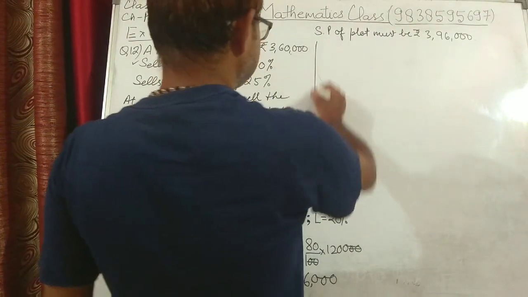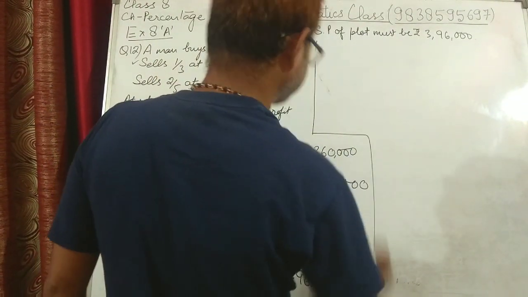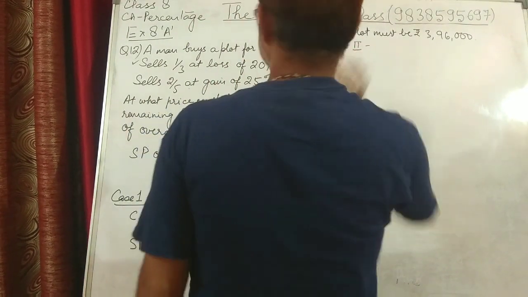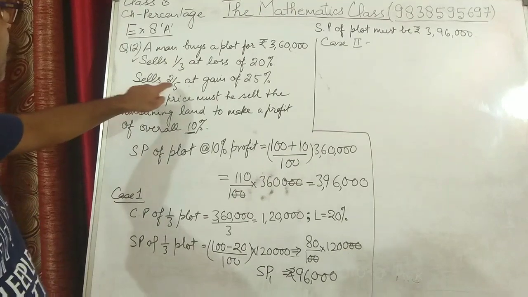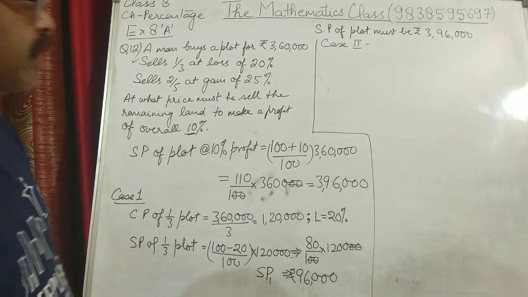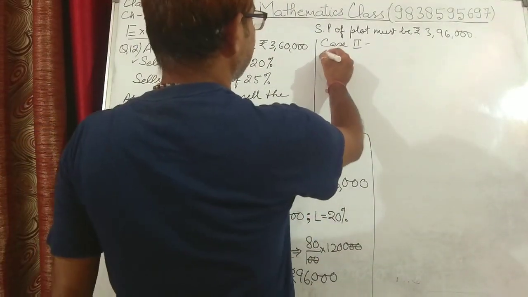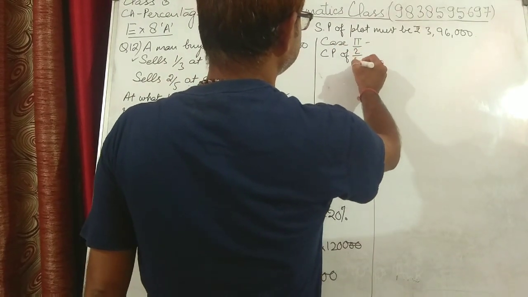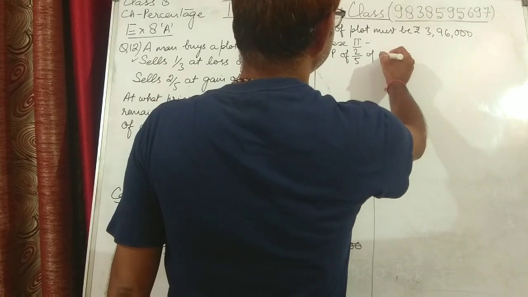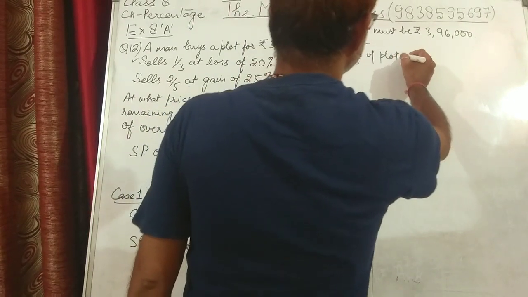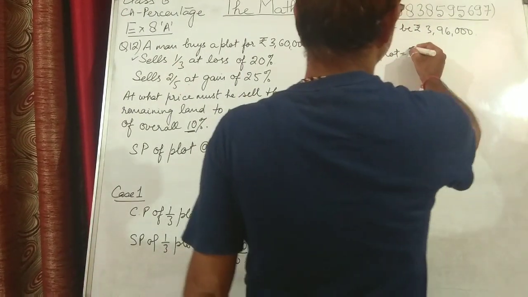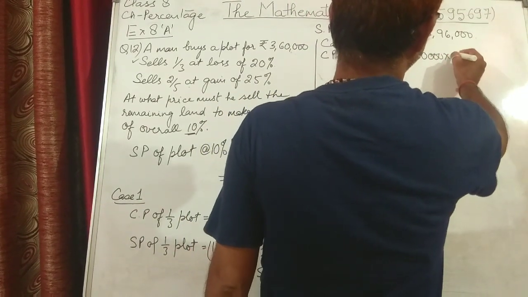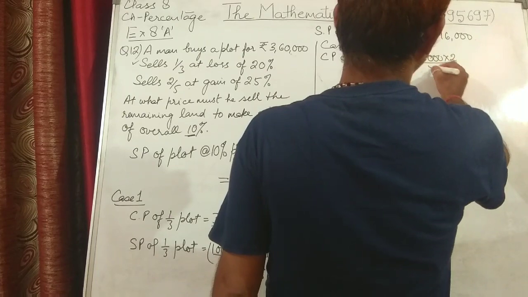Now, in the second case, what is the second case? He sells 2/5 of the plot at a gain of 25%. First we will calculate the cost price of 2/5 of the plot. Very simple, the whole plot cost 3,60,000, so 2/5 will cost 2 upon 5.